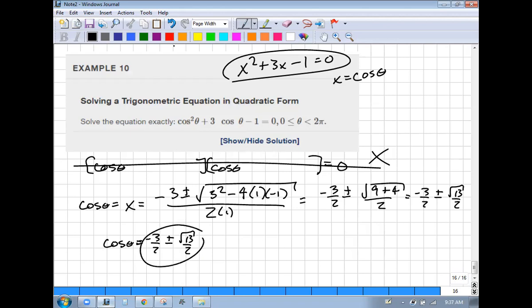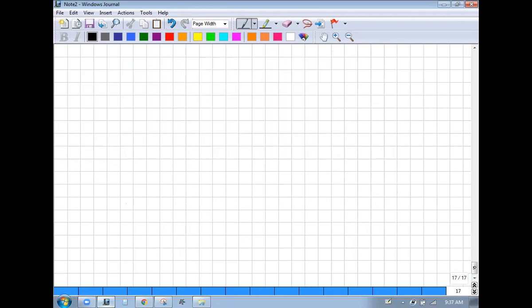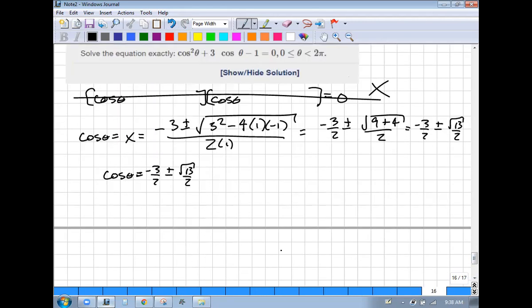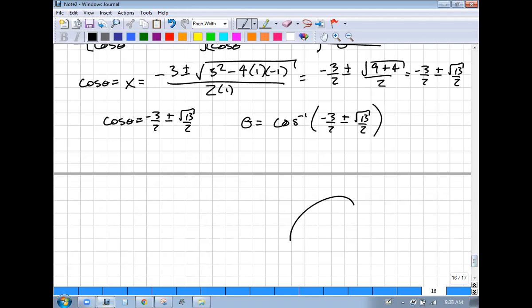Well, this is just a number, right? So what I would do is I'd say, okay, well, theta is cosine inverse of this stupid number here, whatever it is. It's just some decimal. Whatever that number is, cosine inverse is going to give us an angle over here on the right-hand side.